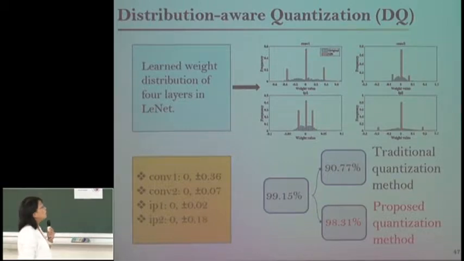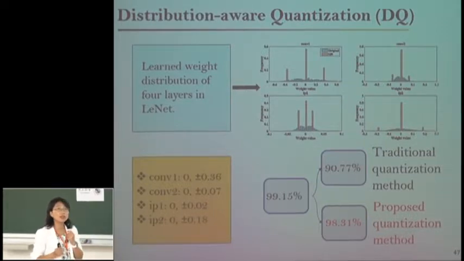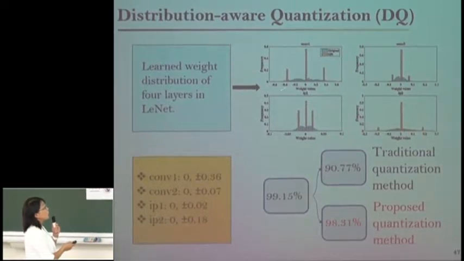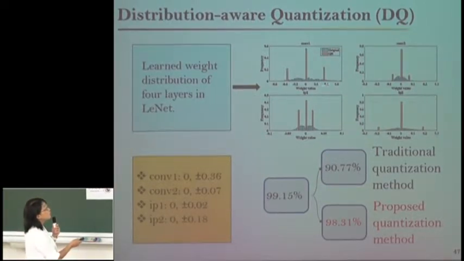What we find during the analysis is that the learned weights for different layers are, in fact, different. Looking at those figures, the blue bars show the weight distributions of the theoretical training results. As you can see on the x-axis, the range for different layers, convolution 1, convolution 2, inner product 1, inner product 2, is different. The shapes are different.